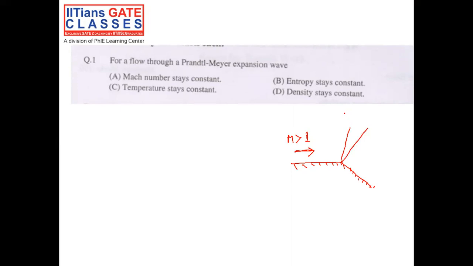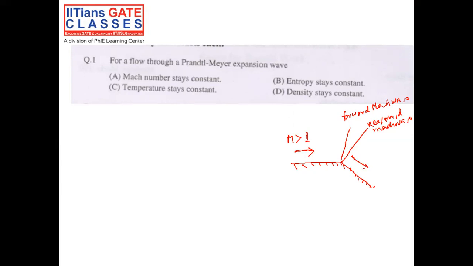This is the forward Mach wave, this is the rearward Mach wave. So an expansion wave is basically a group of Mach waves which is forming in the corner when the supersonic flow is turning away from itself, right?